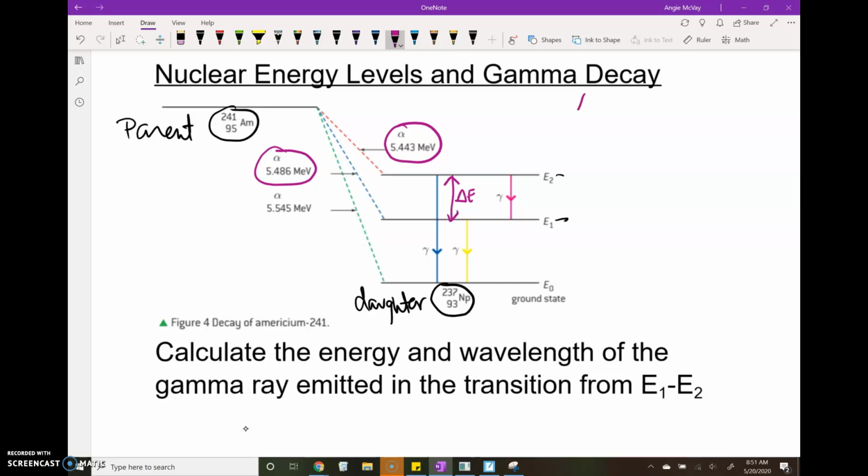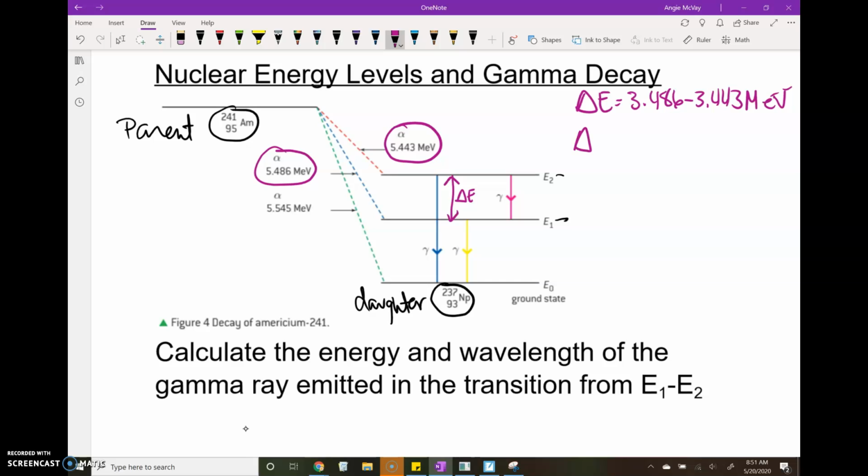Okay, so delta E would be 3.486 minus 3.443 mega electron volts. Whoops, that's not how you write electron volts.